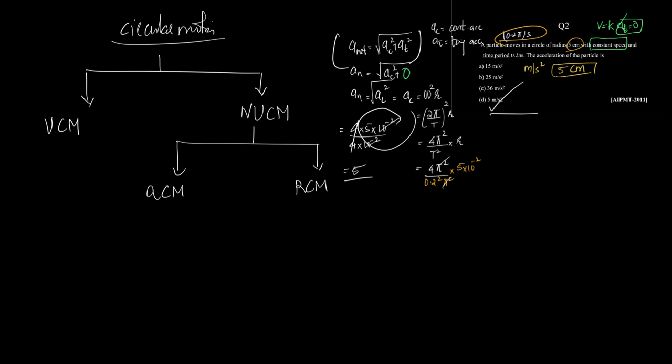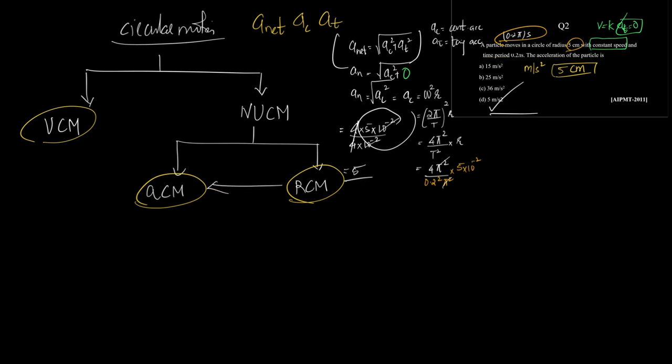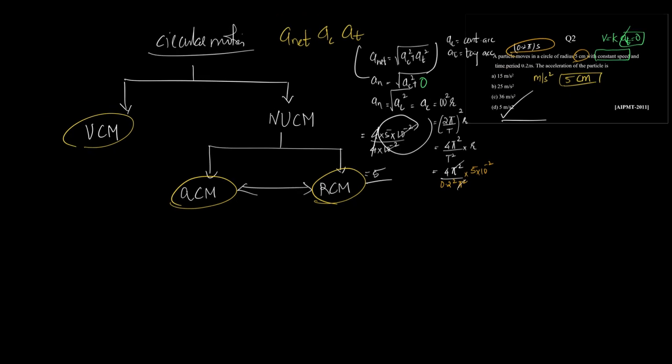So let us now discuss these 3: uniform circular motion, accelerated circular motion and retarded circular motion. And in that we'll be discussing a net, AC and AT. How do we do that? We make use of a figure to understand the concept here. Let us also see what is uniform circular motion.